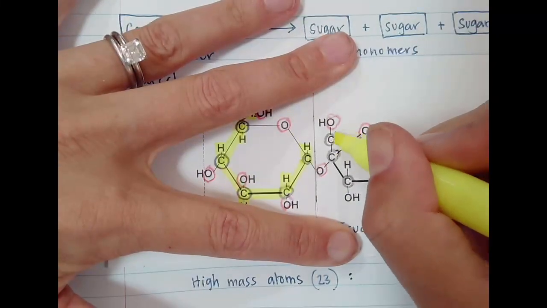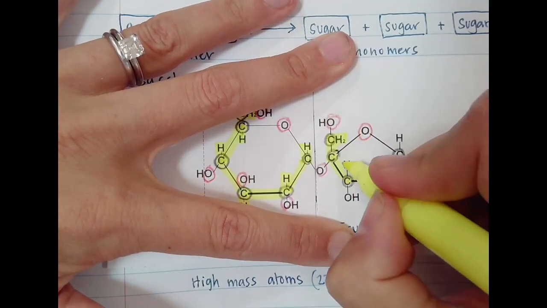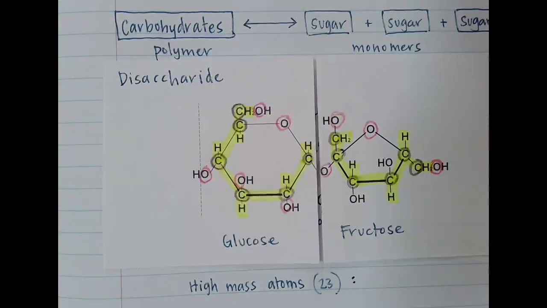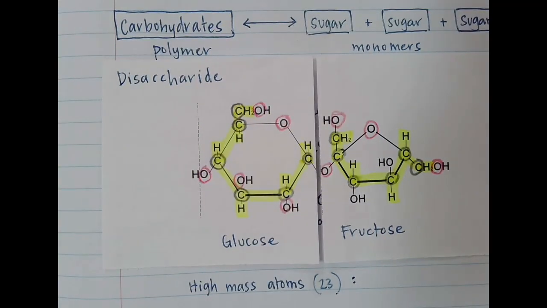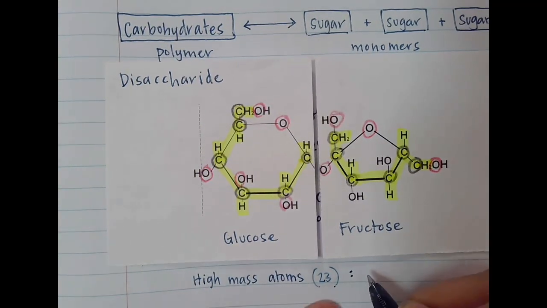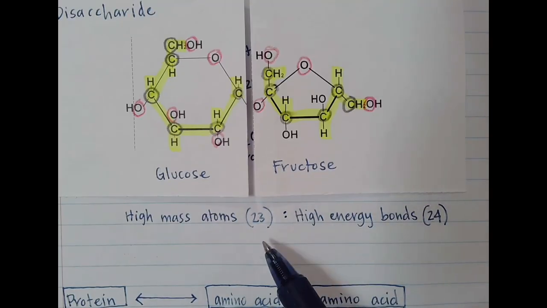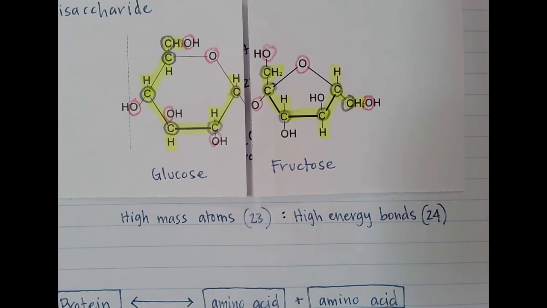Now here's another 2. And here's another 2. So in counting those, I now have 24 high energy bonds. This works out to a ratio of about 1 to 1. For every high mass atom, I have about 1 high energy bond.